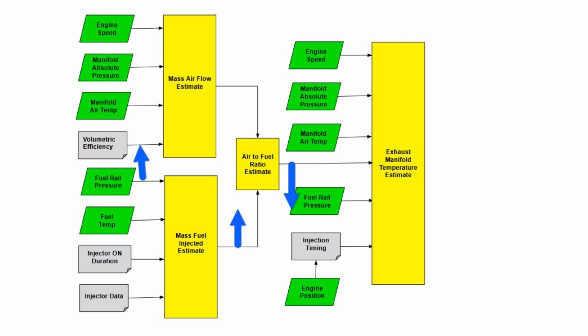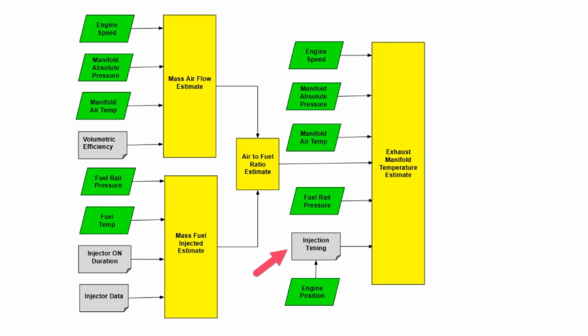Since exhaust temperature, as we said, is inversely proportional to the air-fuel ratio, the calculated exhaust temperature will also increase due to the increase in rail pressure as it inputs to the air-fuel ratio. Therefore, like manifold air temperature, any increase in rail pressure will cause the exhaust temperature to also increase.